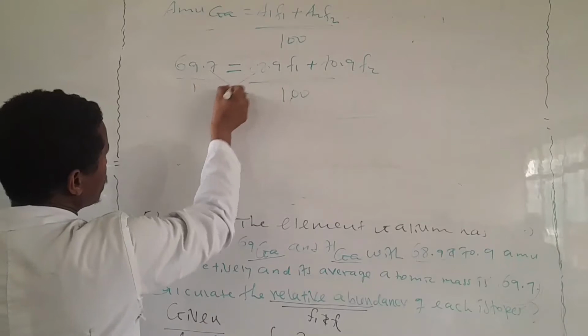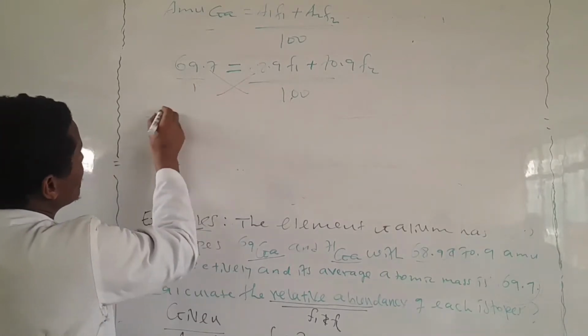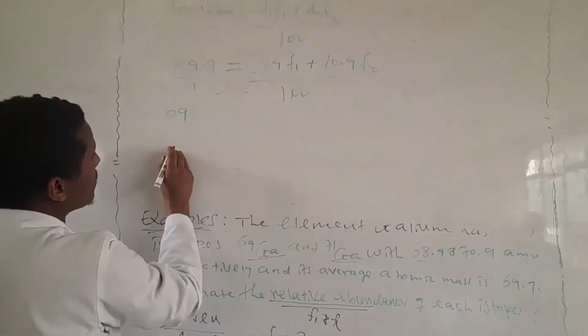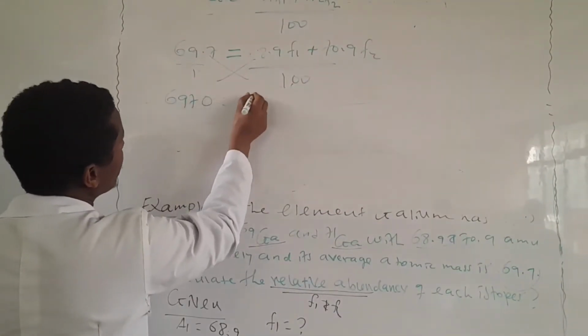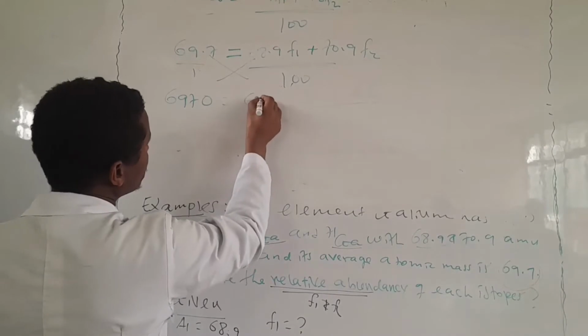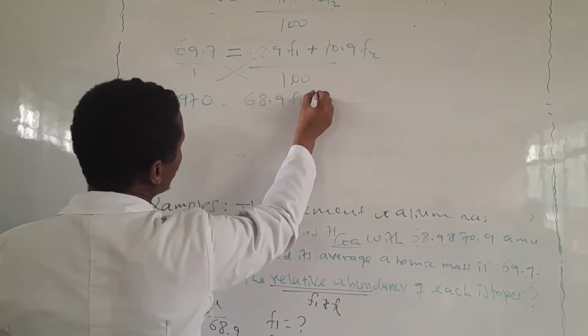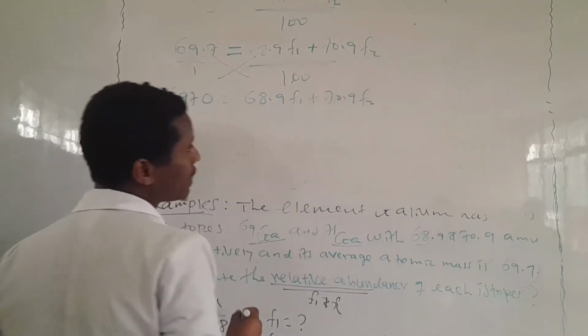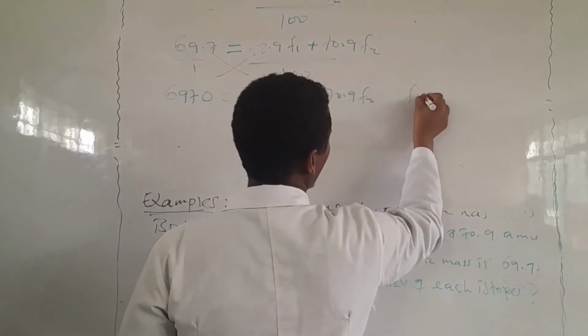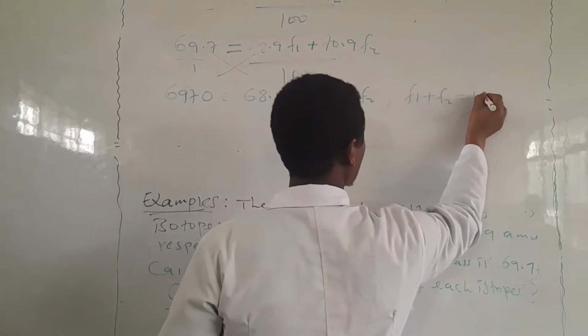Cross multiply: 69.7 times 100 equals 68.9 F1 plus 70.9 F2. Here the sum of F1 and F2 equals 100.